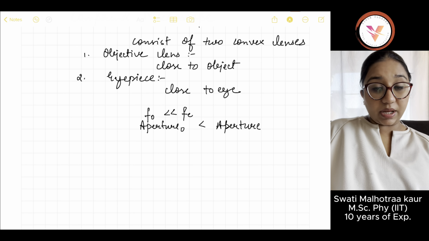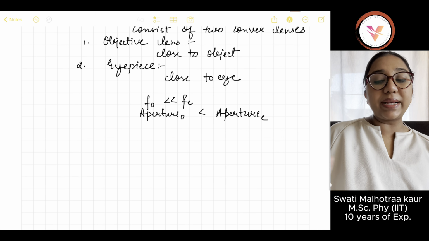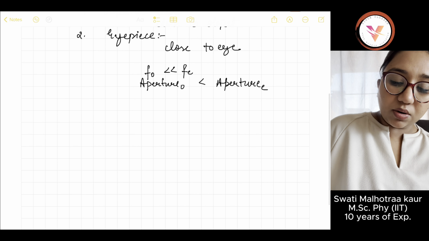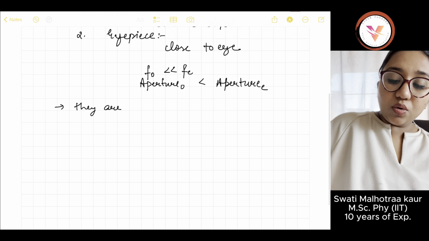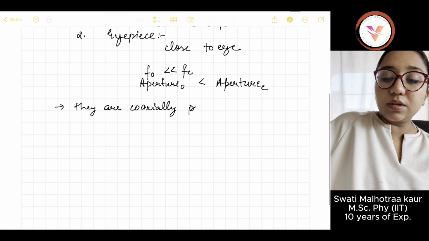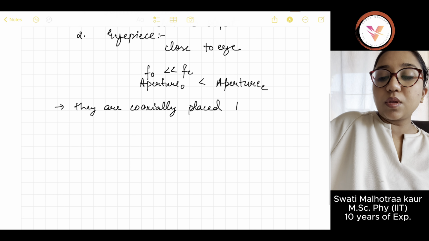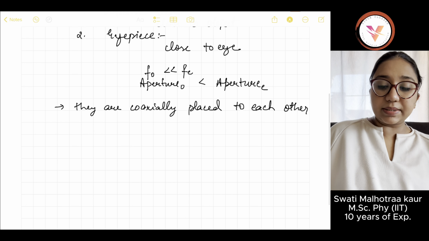You have to remember that. Okay, and these two lenses are coaxially placed with each other. Coaxially means one lens and two lens.